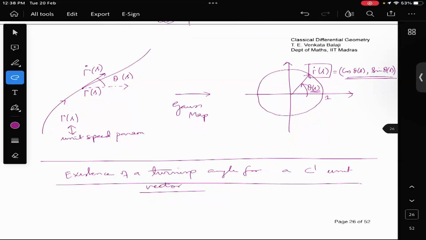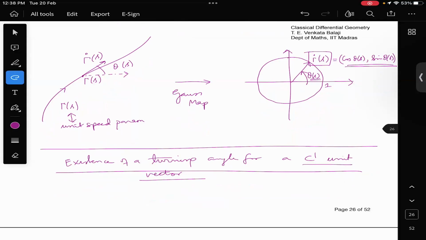That is the hard part, especially when you are confused about this business that the angle itself is kind of discontinuous and is ambiguously defined up to an integer multiple of 2 pi, okay. So what is a C1 unit vector? You take (f(t), g(t)) as a C1 unit vector.